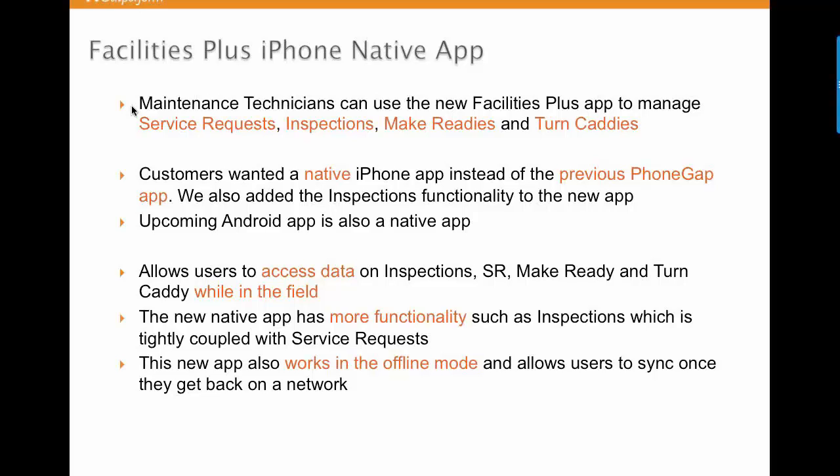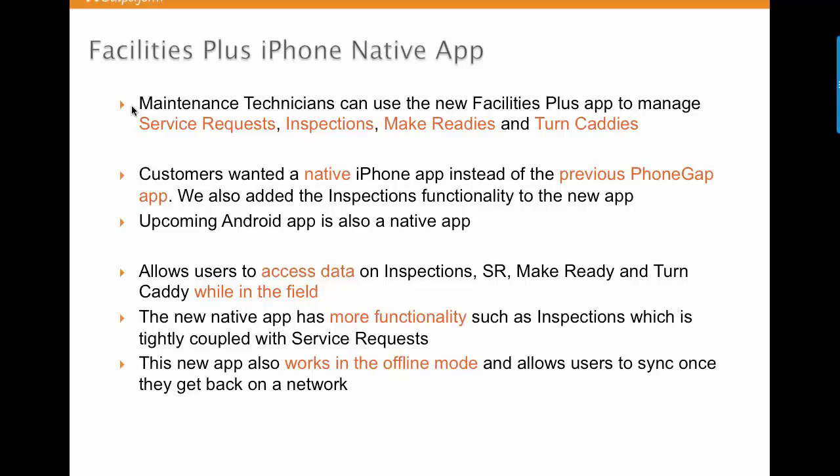The problem with the PhoneGap application is that it stops working whenever there is no internet connectivity. Let's say the maintenance technician is working out in the field and doesn't have a signal for some time. He won't be able to use the application anymore.